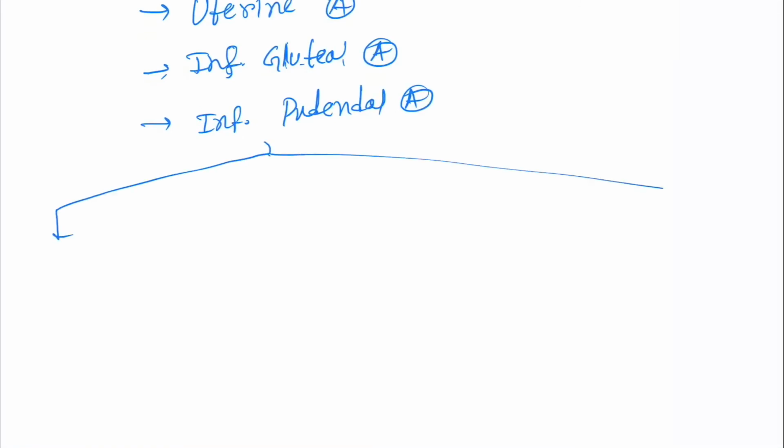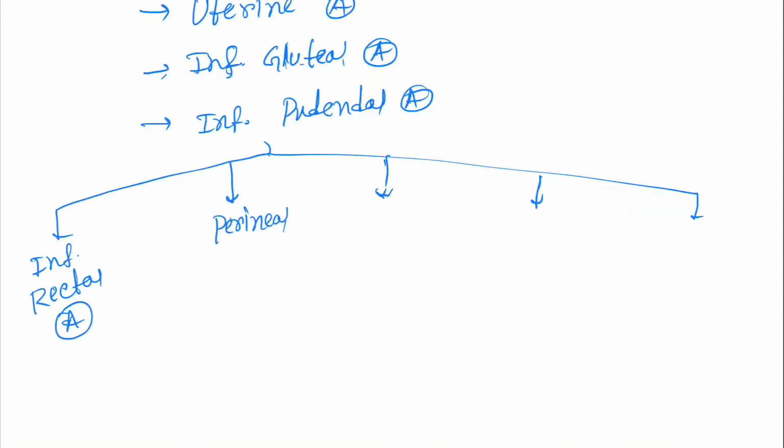Inferior pudendal artery is further divided into five parts. One is inferior rectal artery. Next is perineal branch. Next is artery to the bulb.